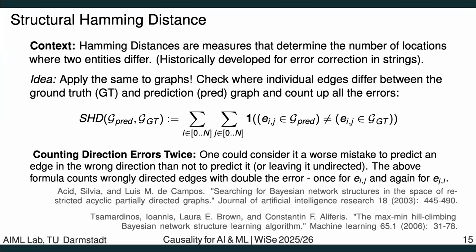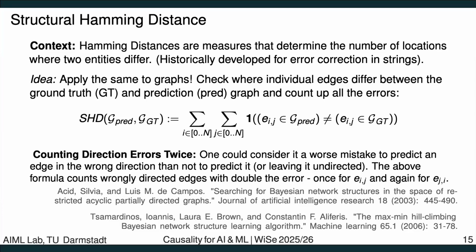So if you apply this metric, and it's in all the software packages, you usually have a parameter that lets you decide whether you want to count these errors twice or not. And it really depends what you find more important.